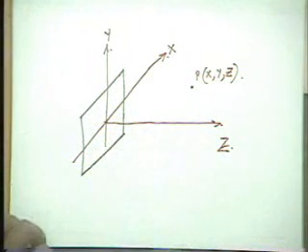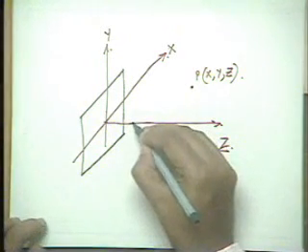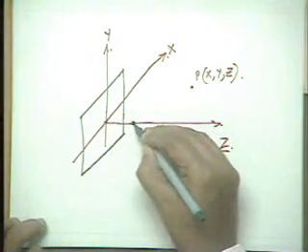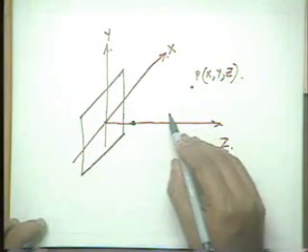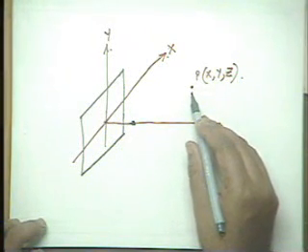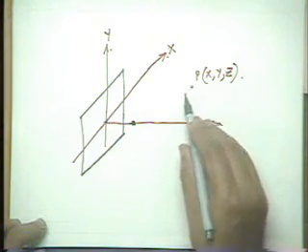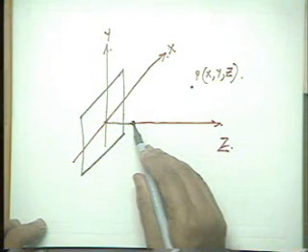This is our photographic plane of the camera, and we assume that the camera has a focal point over here. Supposing this is the focal point of the camera, then to find the image of this point P, we join the point P with the focal point of the camera and extend that line.